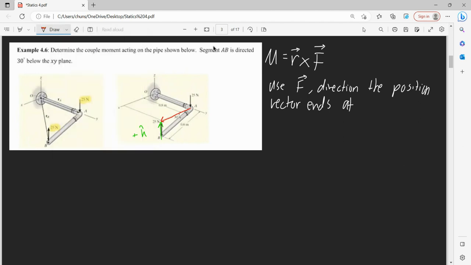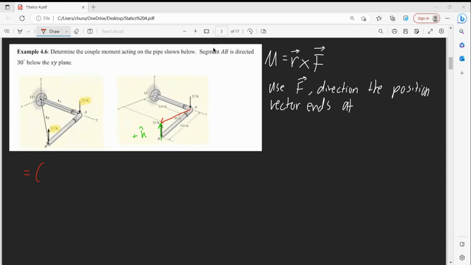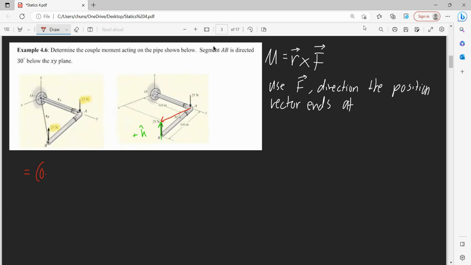So if we were to write this out, we have 0.6, this would be your x direction we want. So this is 0.6 cos 30 in our i direction. So that's right here. And we need our k direction, which is negative 0.6 sine 30 k. And that is the cross product with our 25 newtons, so that's 25 newtons in our k direction.